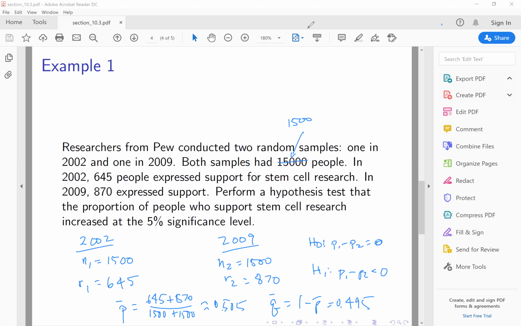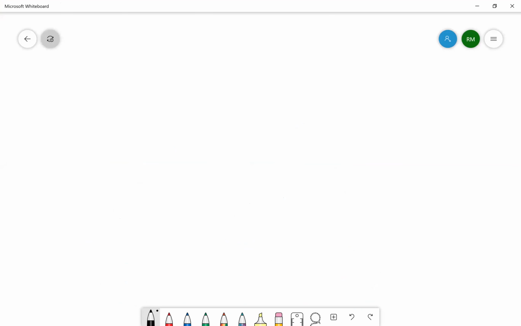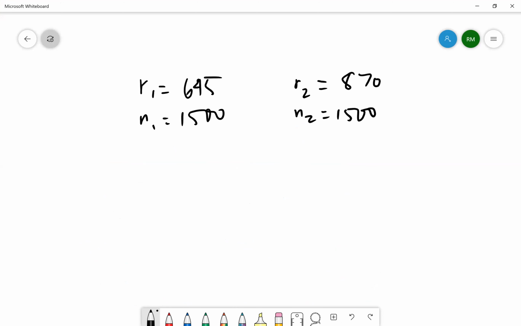So let's clear all these drawings and go over to the whiteboard. So thus far, we've deduced that R1 was equal to 645, N1 was equal to 1500, R2 was 870, and N2 was 1500.